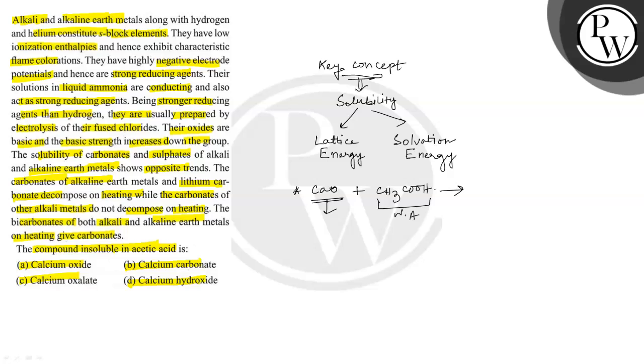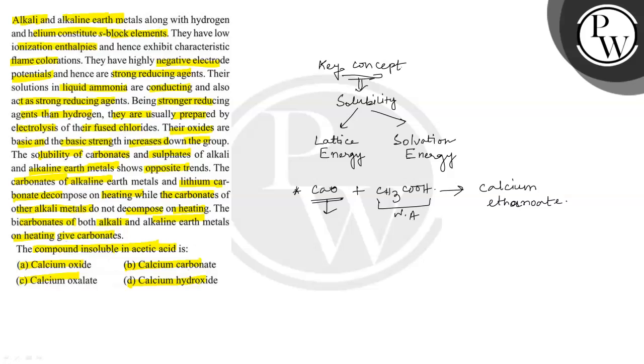Calcium oxide reacts in the solution and produces calcium ethanoate. So this compound, calcium oxide, is easily soluble.